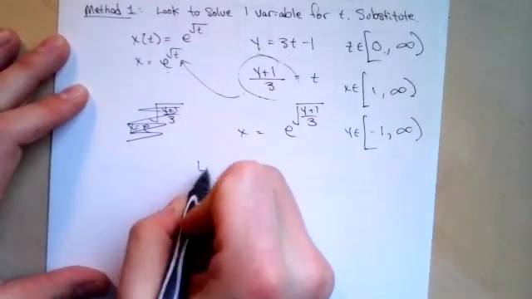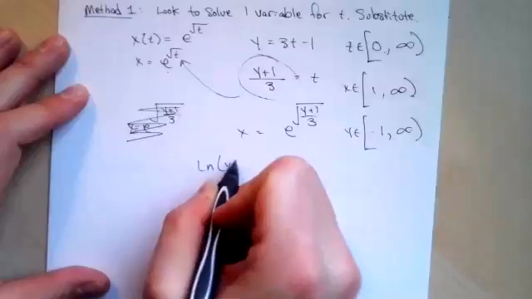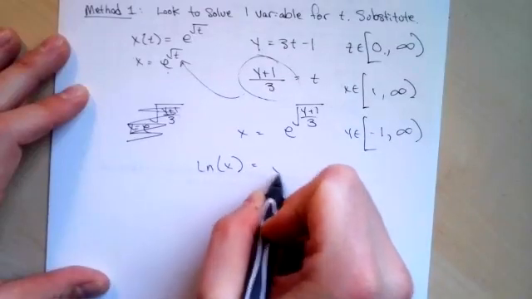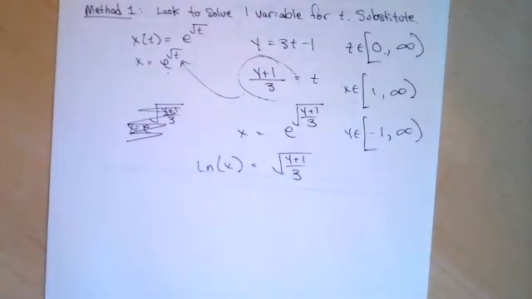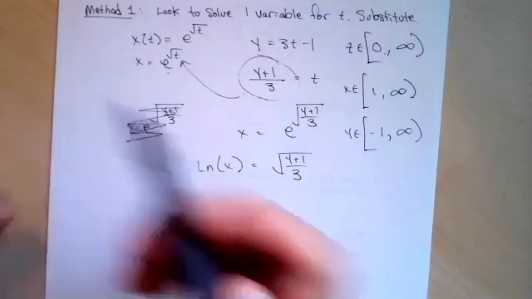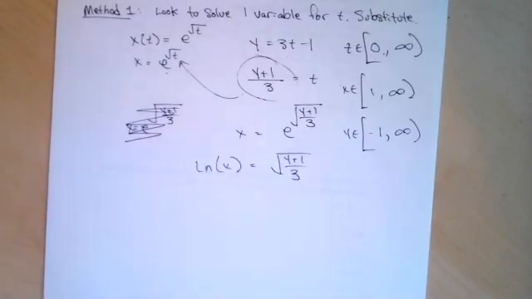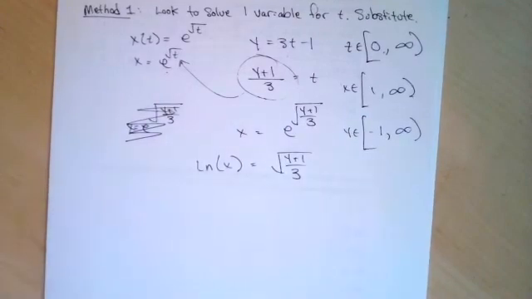So if we wanted to come up with other rectilinear equations, we would get natural log of x is square root of y plus 1 over 3. And so that's another valid Cartesian equation. Now, neither of them is written as a function of the other, but it is an equation relating the variables x and y.